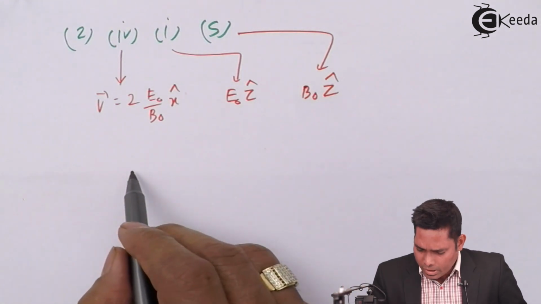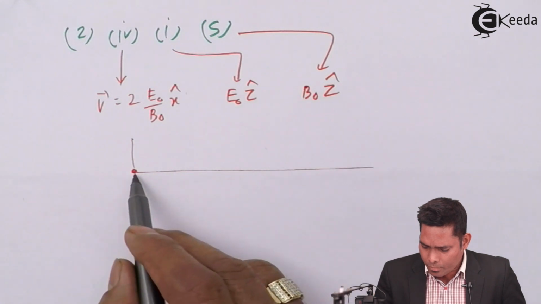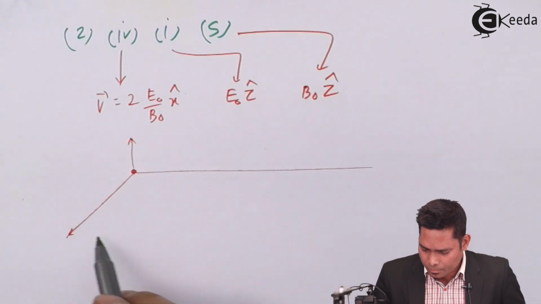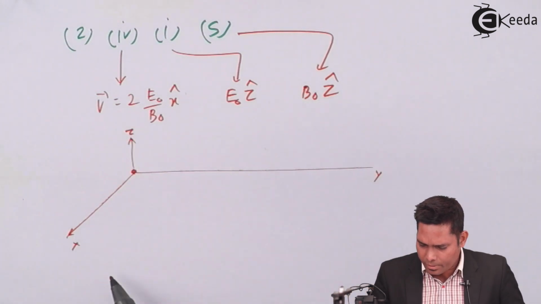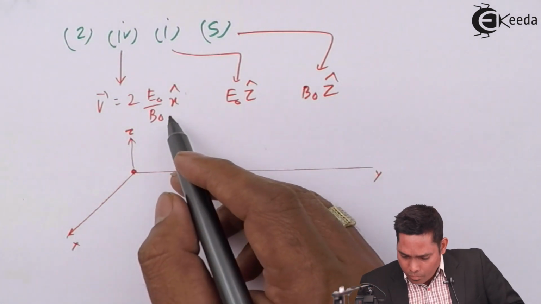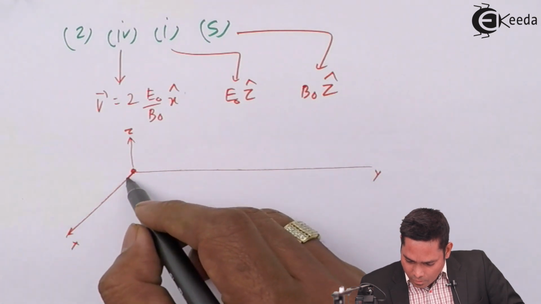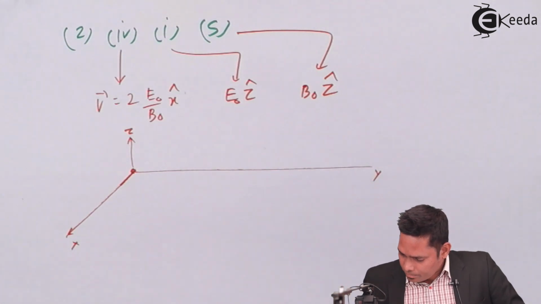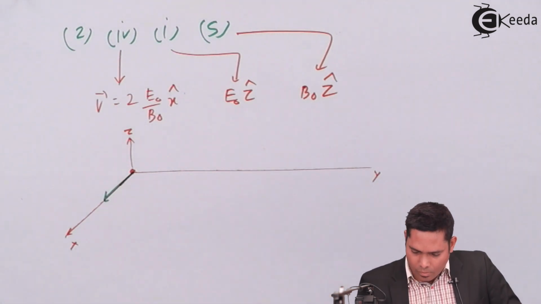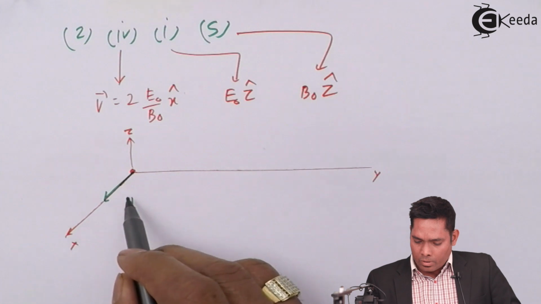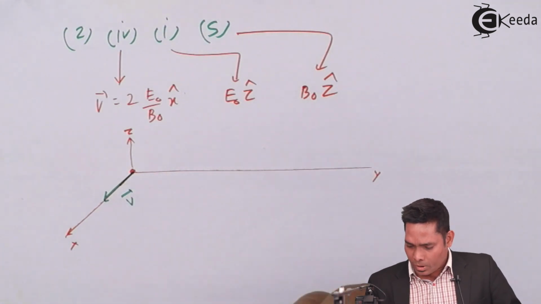If the proton is at the origin of XYZ, suppose this is X, this is Y, and this is Z, and it is given a velocity in the X direction, the velocity is in this direction, and this is velocity.